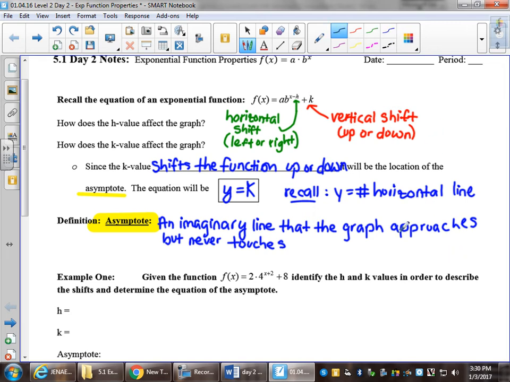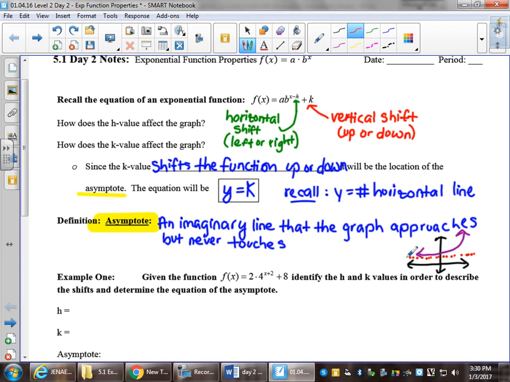And if we were to sketch an exponential function, I'm going to just draw one. There's an invisible force, so to speak, on this graph right here.